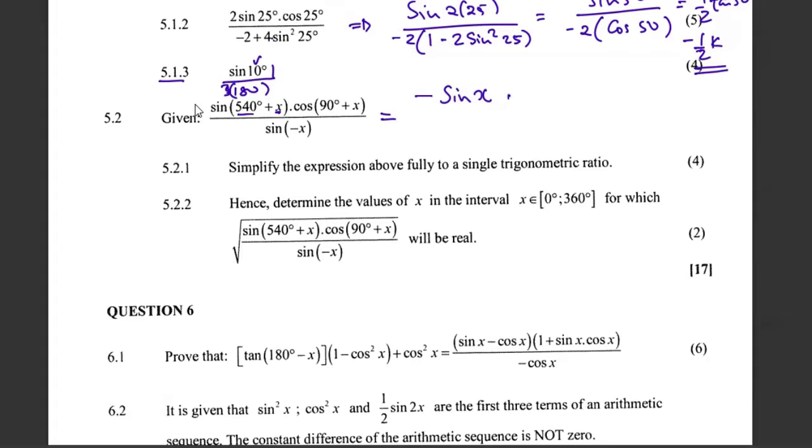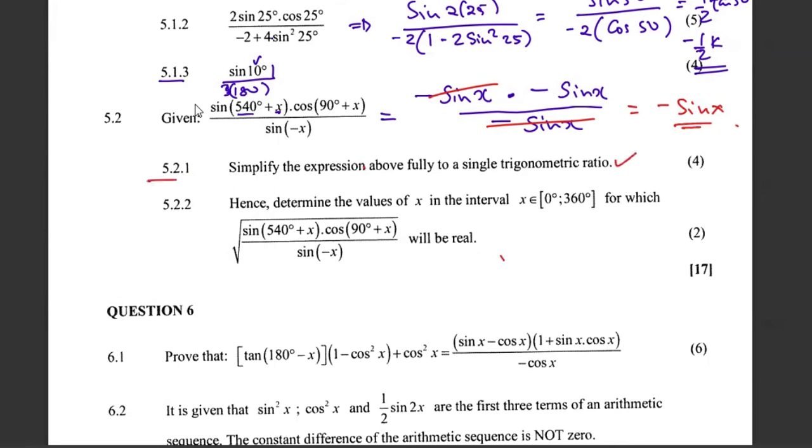Okay, and then cos of 90 plus x, this is now a complementary angle, it's also going to be negative sine x. Divided by, take out the negative sine x, and then whatever is left is just canceling. So this negative and the negative cancels. We are only left with a negative sine x. All right, we've simplified that ratio.